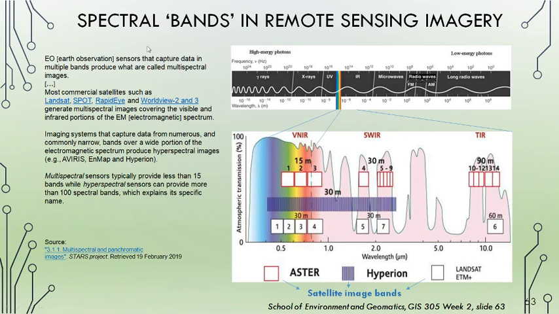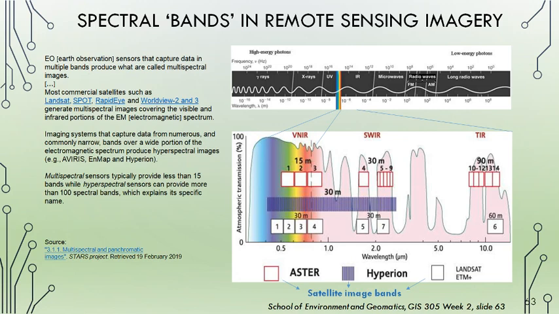Now let's just read through this paragraph because these are very important concepts to understand. So Earth observation sensors that capture data in multiple bands produce what are called multispectral images.